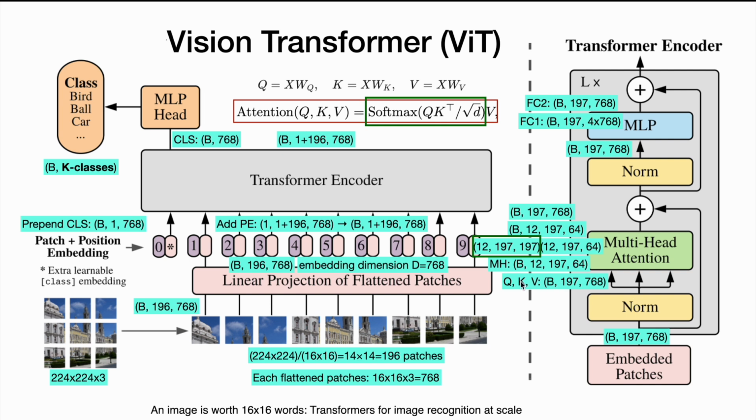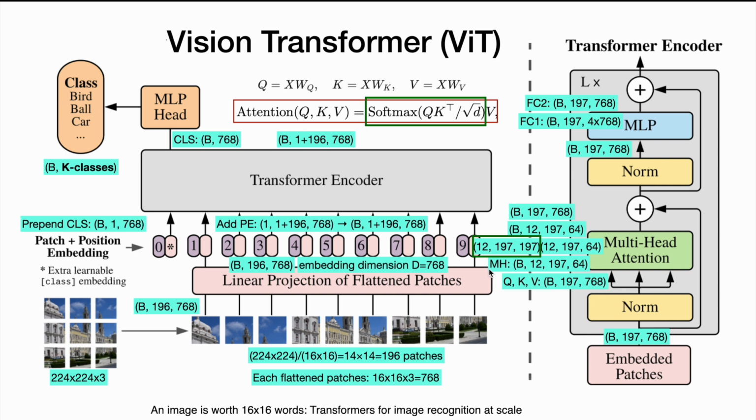Then for the same input, which is represented as X, by projecting it with different linear projections, WQ, WK, WV, we get Q, K, V, with respect to query, key, and value. So we get three different matrices. All of these Q, K, V have the same dimension as the input.